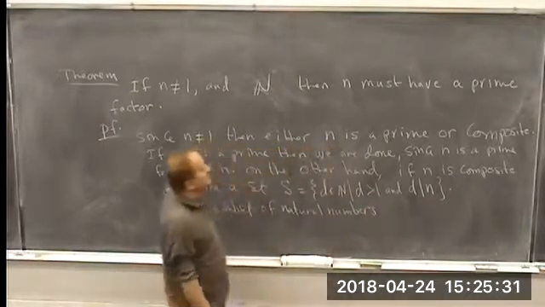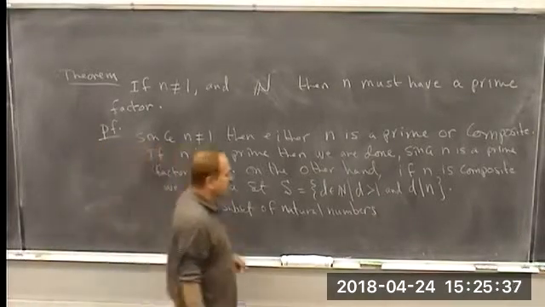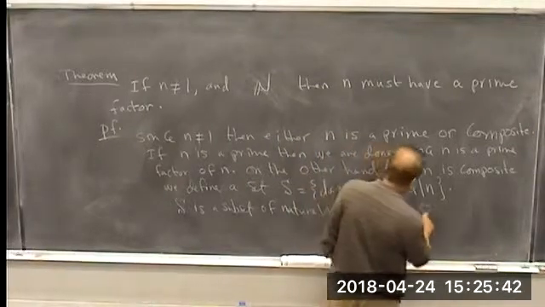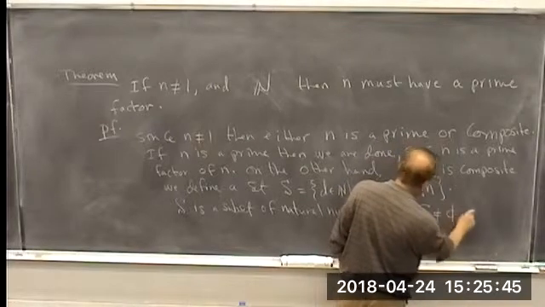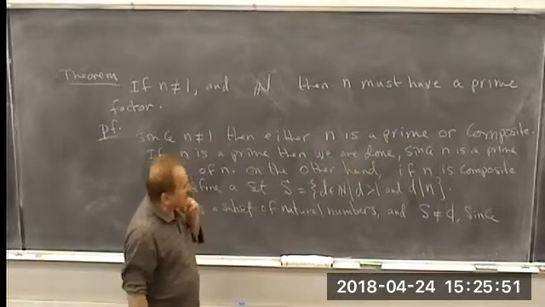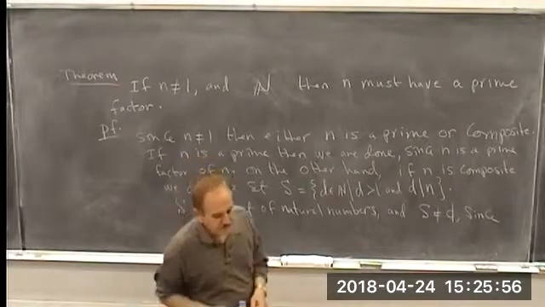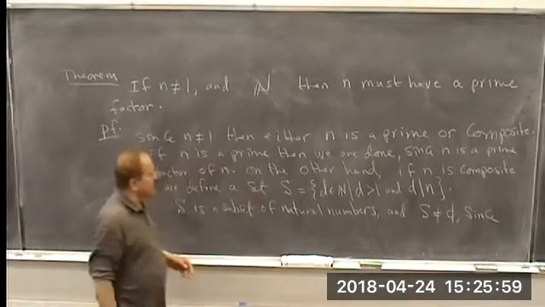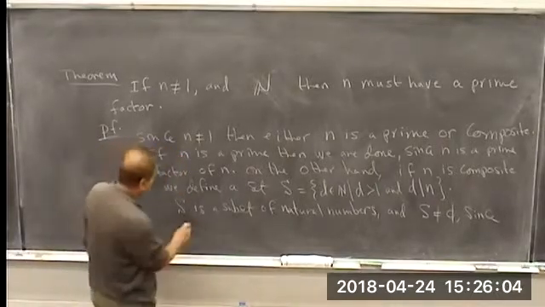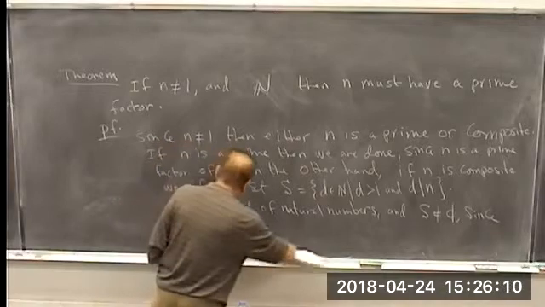Now I hope you will see what we need in here. S is a subset, and I'm going to show that it is not empty. S is not empty since I must have at least one positive divisor, and that positive divisor is n itself, since n divides n.